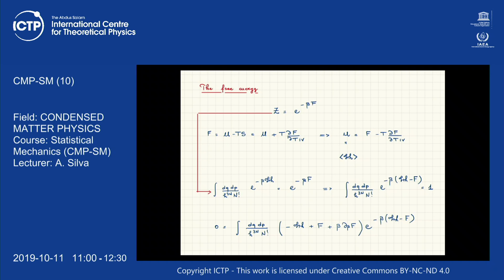Hopefully so. Okay, now β d/dβ of something, you can easily prove by changing variables, is equal to minus T d/dT of something. You just need to change variables from beta to T in the derivative.